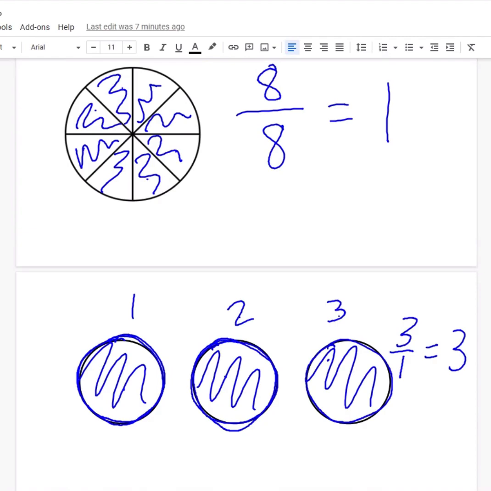Another way that you can think of this is like thinking about division, right? 3 divided by 1 is 3. You have 3 pieces and you divide them into groups of 1, you're still going to have 3 pieces. Okay, so let's do another example.